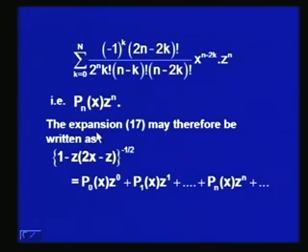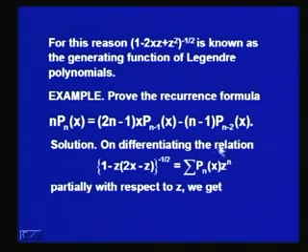And thus, we can see that the expansion 17 may be written as (1 minus z(2x minus z)) to the power minus half equal to P0(x) z^0 plus P1(x) z^1 and so on, Pn(x) z^n and so on, which can be written as sigma n equal to 0 to infinity Pn(x) z^n. And for this reason we call (1 minus 2xz plus z squared) to the power minus half the generating function of the Legendre's polynomial.